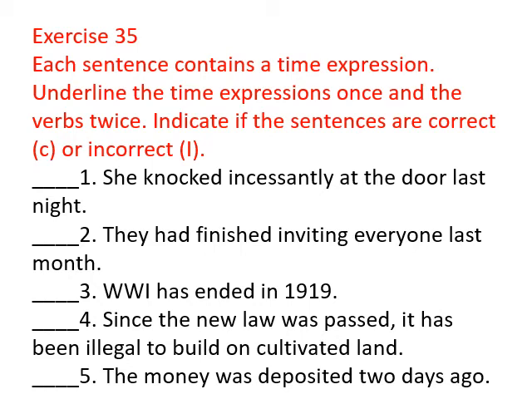She knocked. This is a correct sentence. They had finished inviting everyone last month. Last month. And I have only one action, one verb. يبقى ليه أستعمل past perfect ومفيش حاجة تيجي بعده علشان استعملها في الباست tense؟ يبقى هقول they finished inviting everyone last month.